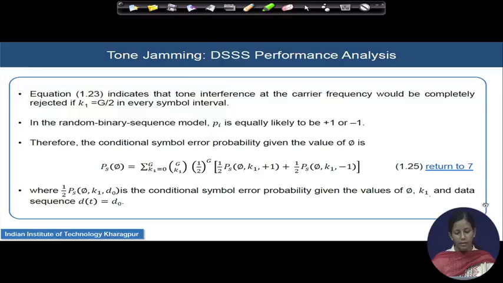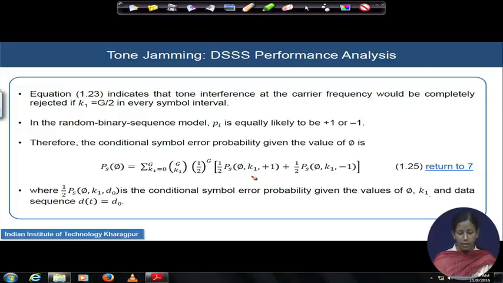Coming back again, if we consider a random binary sequence for this sequence design, we understand that phi will be equally likely to be plus 1 and minus 1. In such a situation, the conditional symbol error probability can be given by equation 1.25. This conditional error probability is a combination of the conditional symbol error probability given k1, the number of times you transmit the symbol plus 1, and given the value of phi, and the data symbol being either plus 1 or minus 1, equally probable.